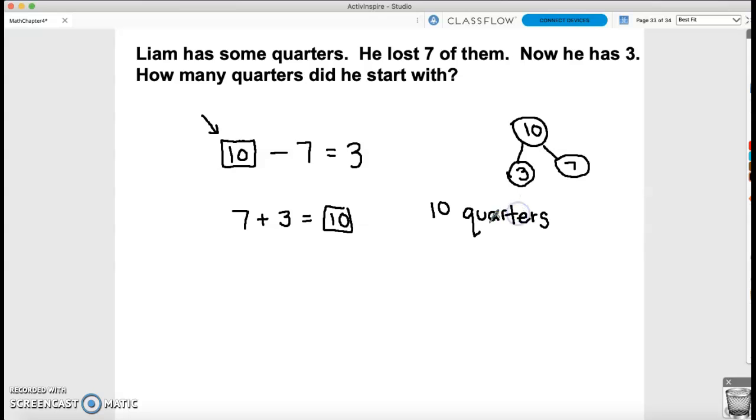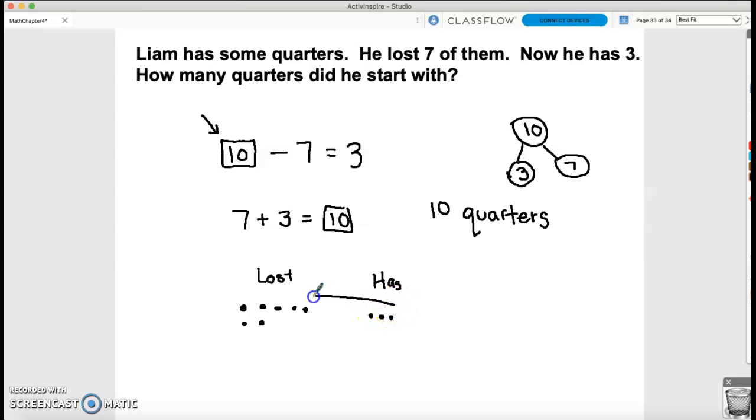All right. If I wanted to draw a picture of this, I could draw a picture of the lost ones, 1, 2, 3, 4, 5, 6, 7. I could draw a picture of what he has now. 1, 2, 3.